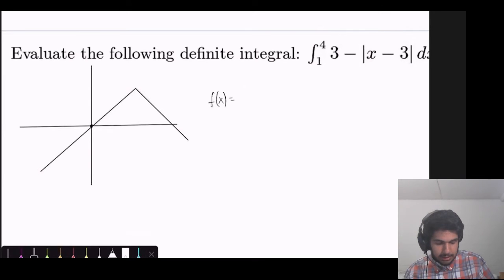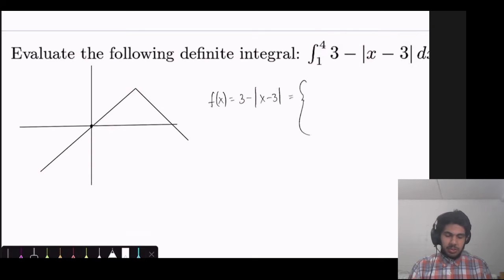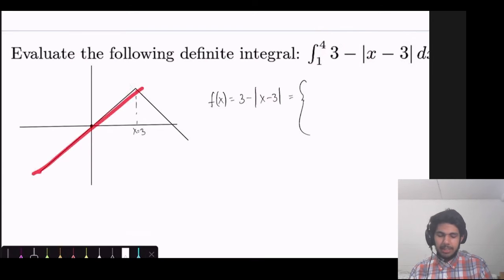So f of x equals 3 minus absolute value of x minus 3. And so where is really the turning point? I guess I'm giving it away, but it's at x equals 3. That's where our corner is, and that's where we change the lines that we're traveling on. So we want to consider when x is less than or equal to 3, and when x is greater than 3.